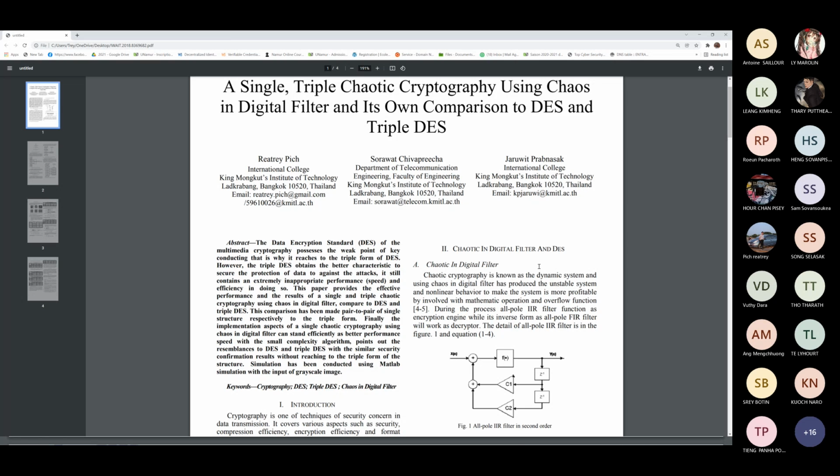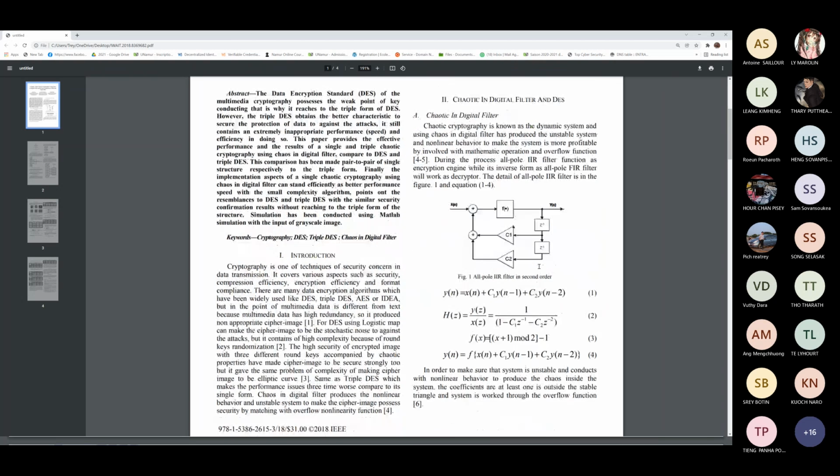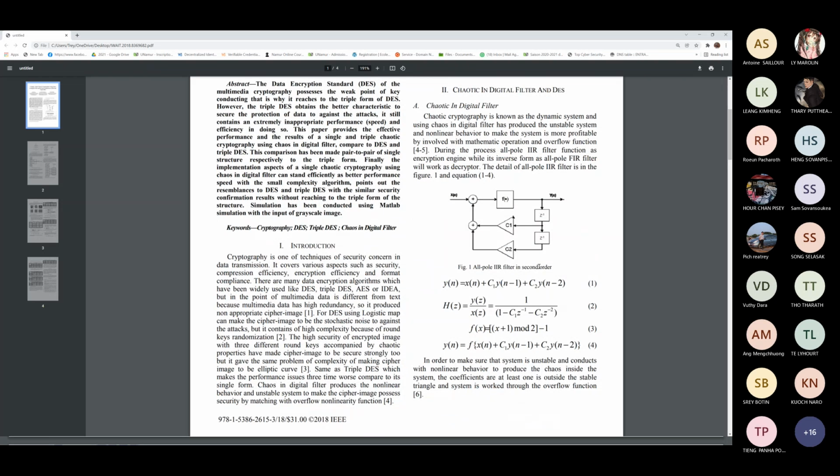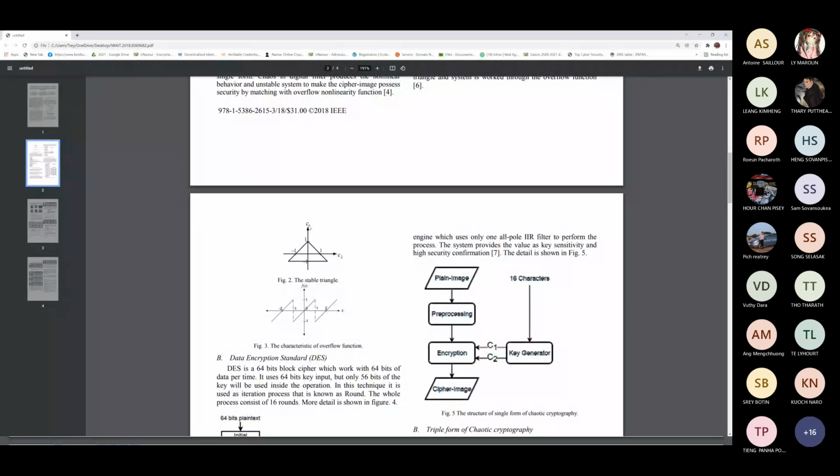So I took non-linear systems as my research topic, and then I could produce a cryptography system. When the coefficients C1 and C2 are outside the stable triangle, it will produce non-linear behavior in the system.